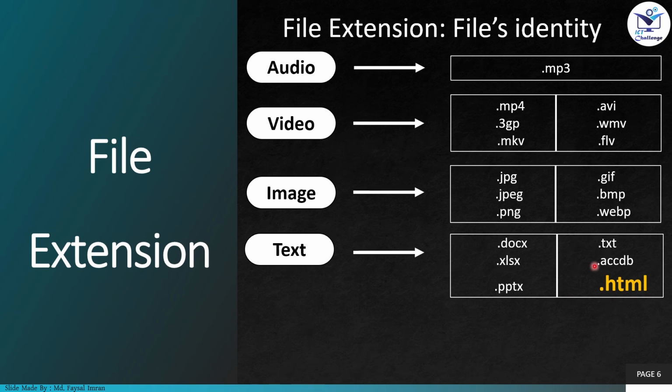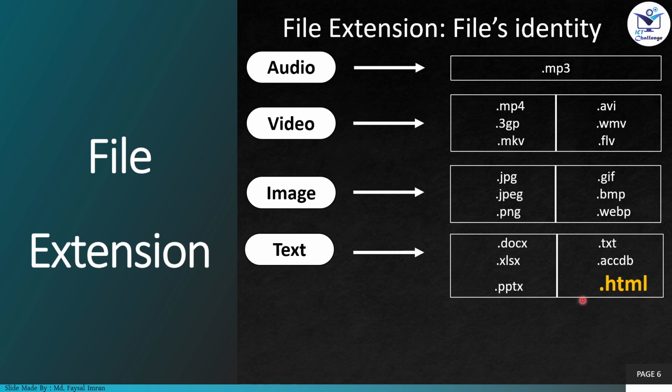HTML is another text file extension, and this file is responsible for creating a website. We use this HTML language for creating or developing a website, like facebook.com and youtube.com. Those are different websites, and we need different files for creating those different websites and web pages.